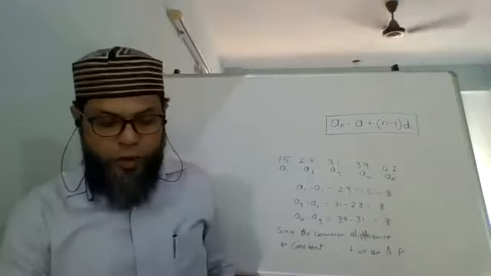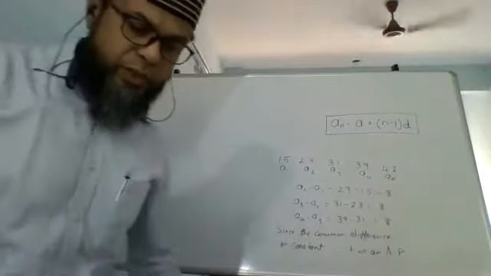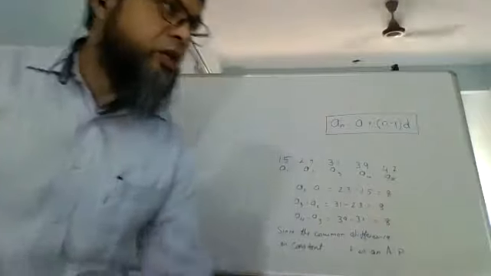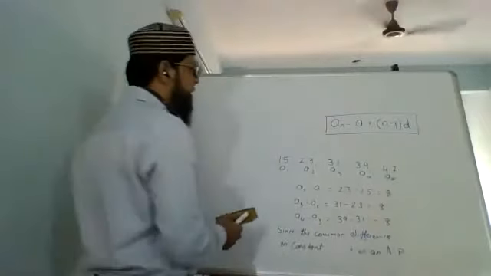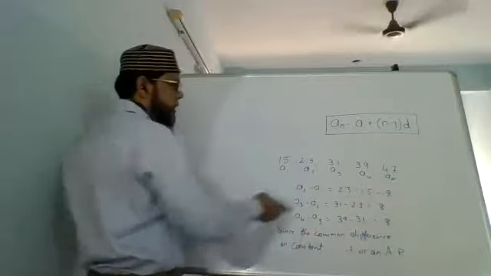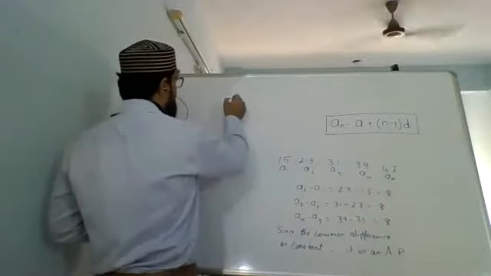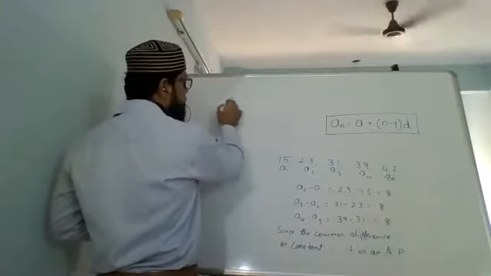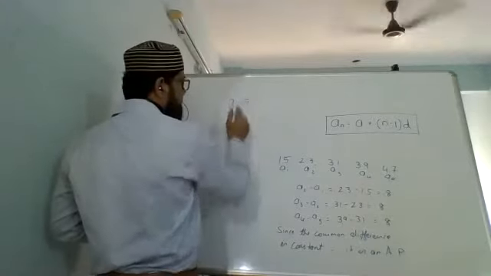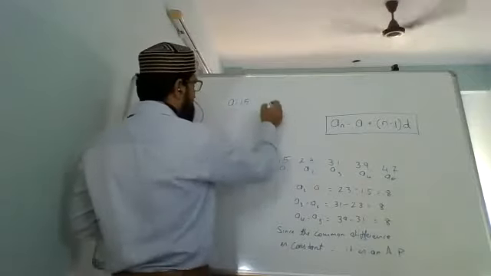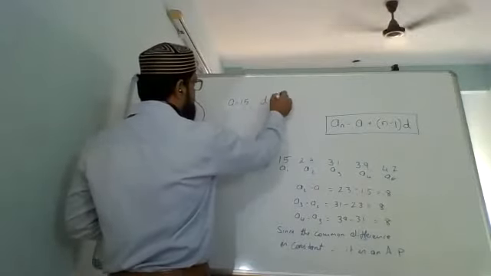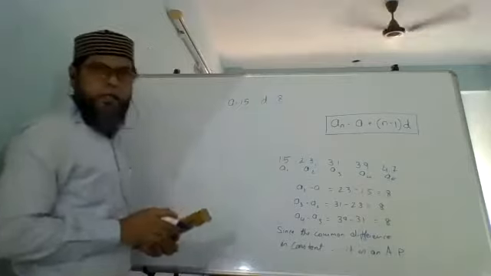So let's look at first the same example. Supposing I have to find the 50th term. So here what is A? A equals 15. What is the common difference that we have checked? D equals 8, correct?